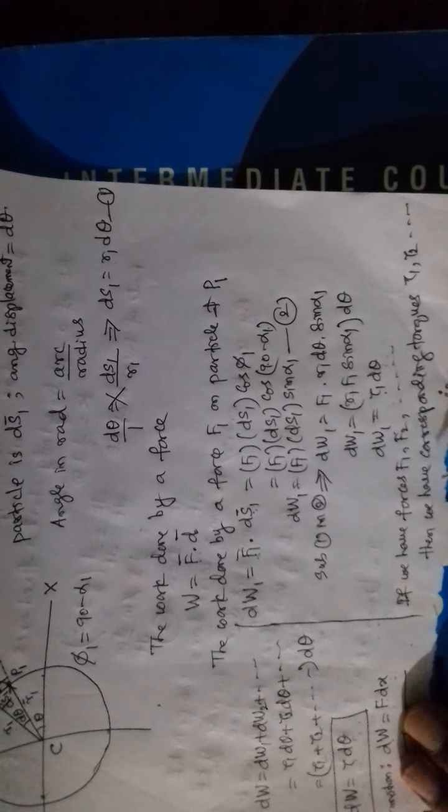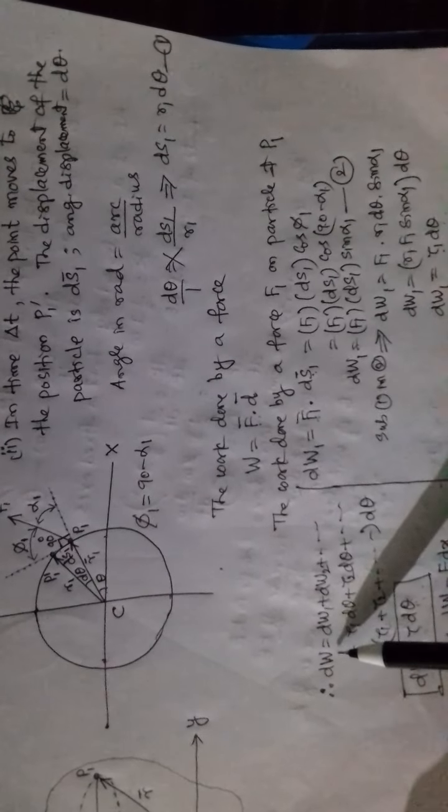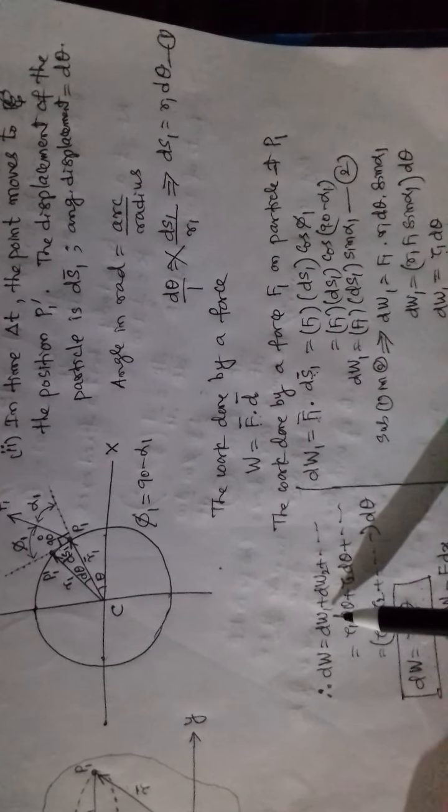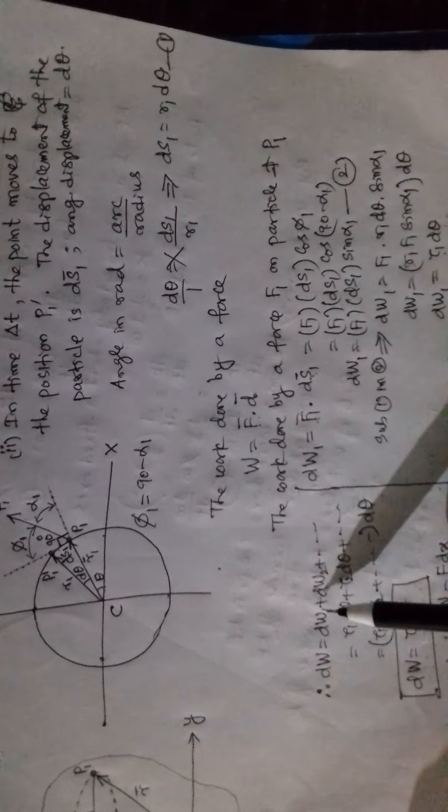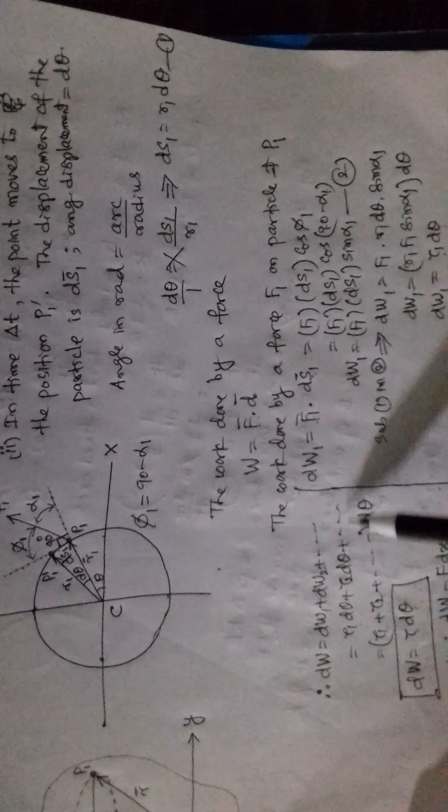So if more than one force is working, say forces F1, F2 and so on, then we have corresponding torques tau 1, tau 2, tau 3 and so on. Then we write the expression for work done as dW is equal to dW1 plus dW2 plus so on. dW1 is tau 1 d theta, dW2 is tau 2 d theta, plus so on.